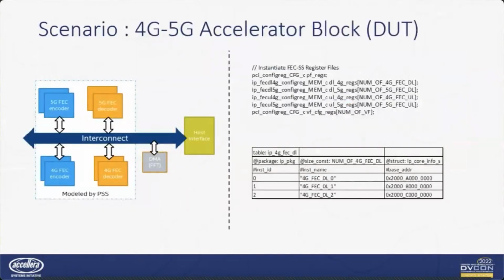Now that we have a basic understanding of the HSI flow under our belt, let us take a look at our design block and how we develop PSS HSI models for it. The IP block is basically a 4G 5G accelerator.